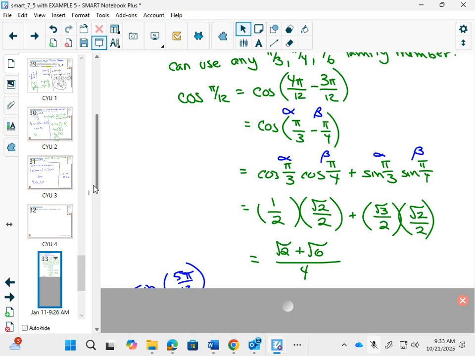So we're going to get root 2 plus root 6 all over 4. So we just figured out the x-coordinate at 15 degrees, or at pi over 12, without a calculator, using these new formulas that we were given today.